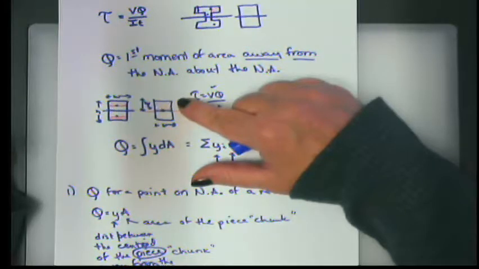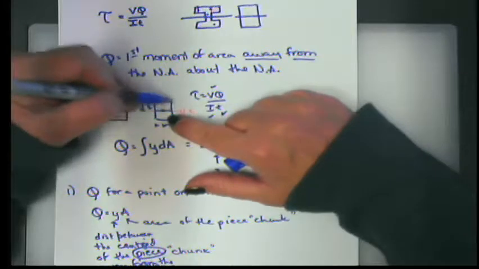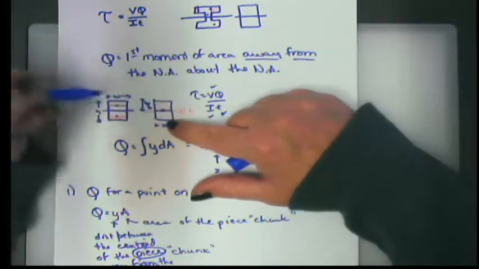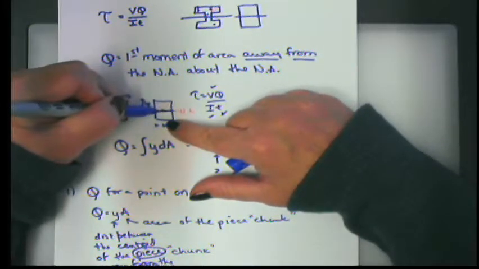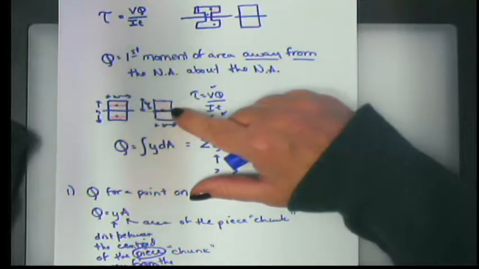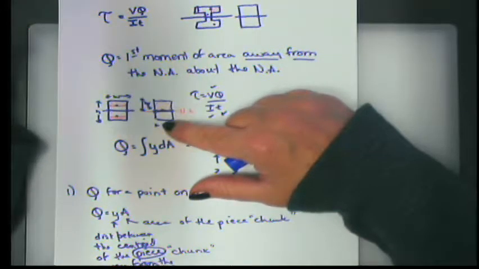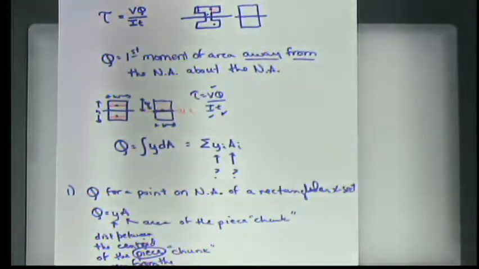Yes? Are you feeling it? No? Okay. Since this is a rectangle, now I need to find the distance between my neutral axis and the centroid of the chunk. So you just split that in half and put the point there? That is correct, by symmetry.